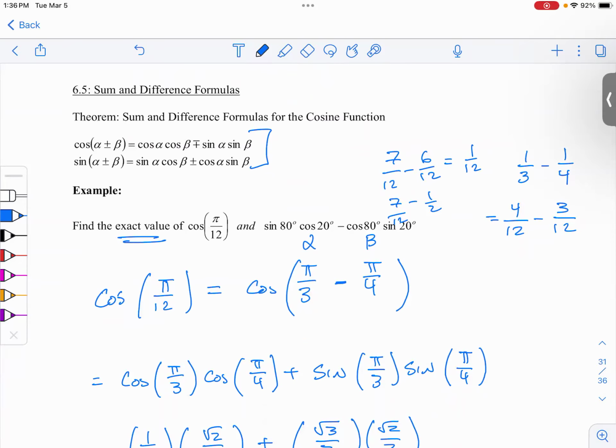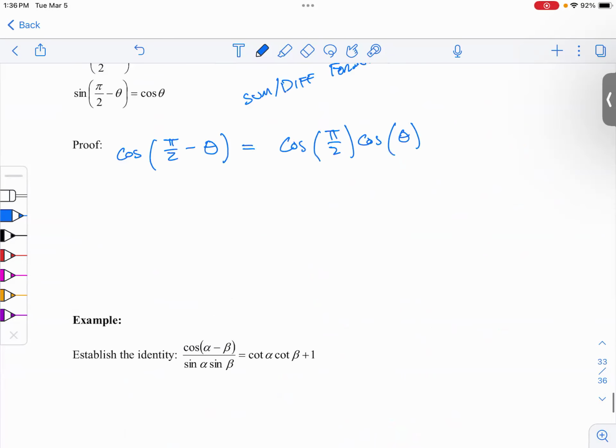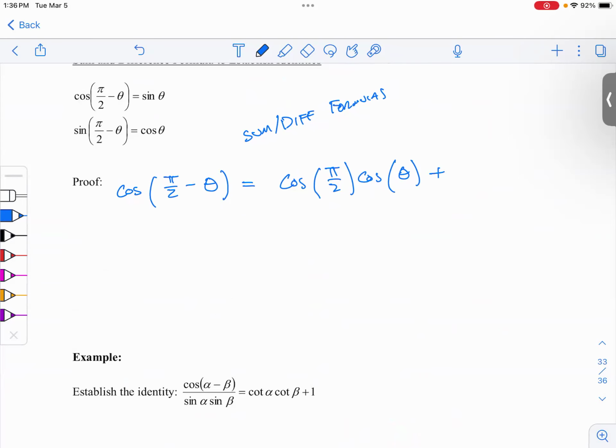If it's a negative inside, it becomes a positive outside, so opposite sign. Sine of an angle, sine of the other angle. And then we can simplify this down. Cosine of pi over 2, right? Do you remember how we do this?